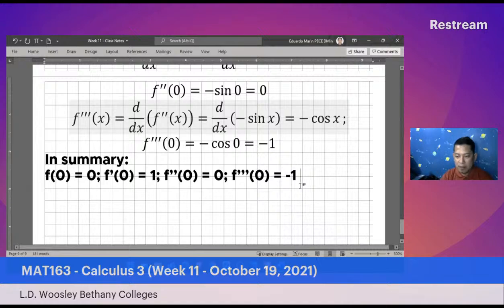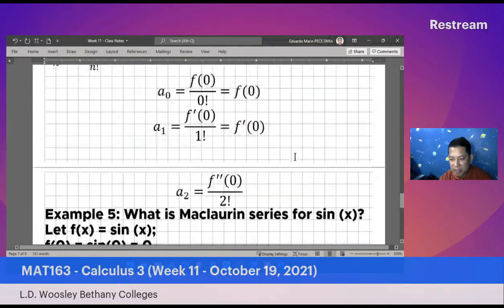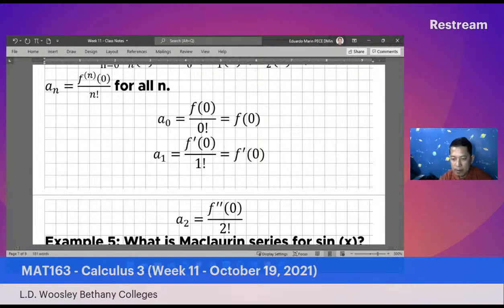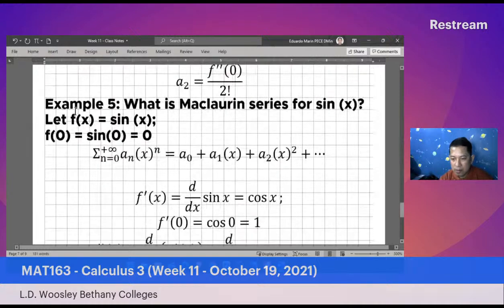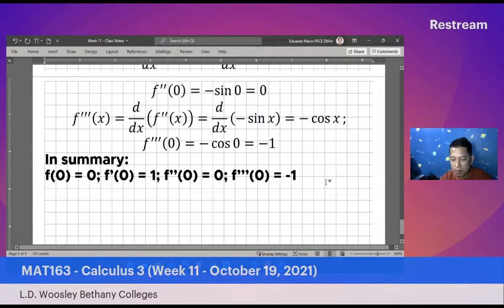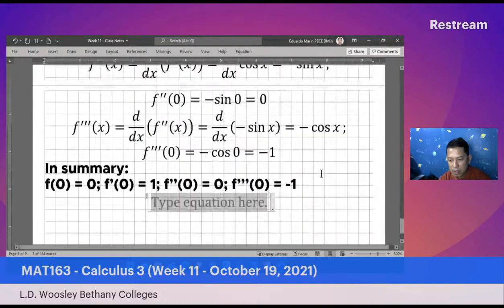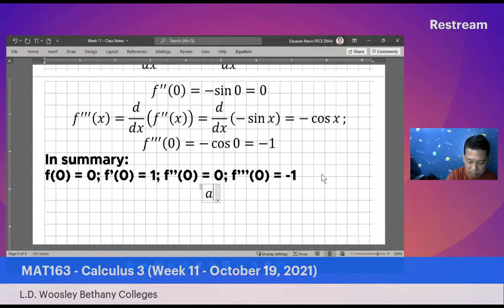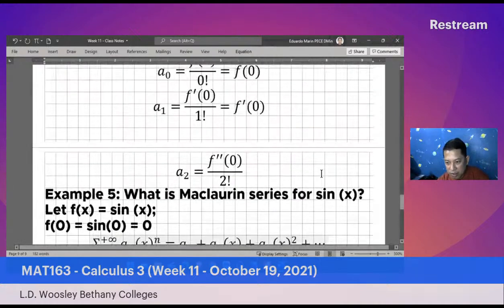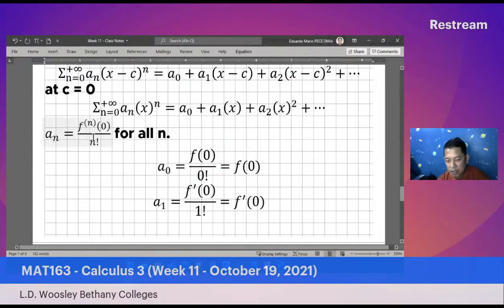Now, substituting from this definition, expressing now mula doon sa a sub 0, so ano ngayon yung a sub 0 mo? It is actually based on the definition, f of 0 over n factorial.